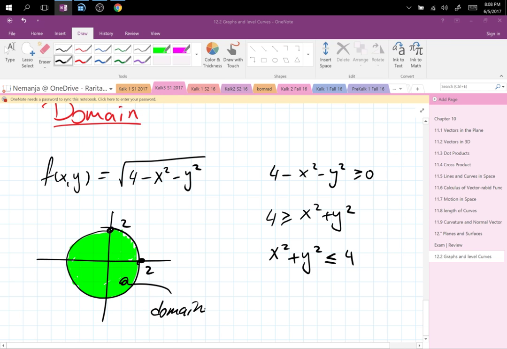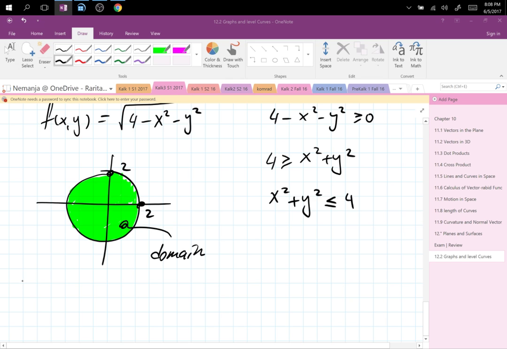You pick (2, 0), it's going to work. You pick anything that you want, it will work as long as it's inside that green region, including the edge. Pick anything outside of that circle and you don't get it. So you have to be a little bit careful.